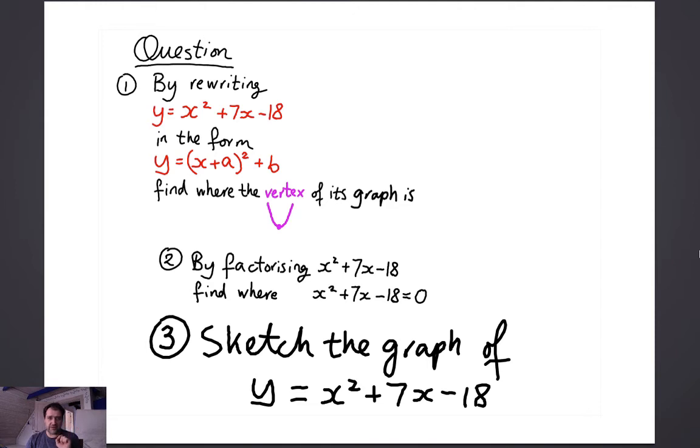And then question 2, by factorizing x squared plus 7x minus 18, find where it's equal to 0. And then from that, sketch the whole graph. Okay, that is tough, so have a go at that if you can, and this is kind of meant to be a challenging extension part of the unit, but do have a go at it if you can.